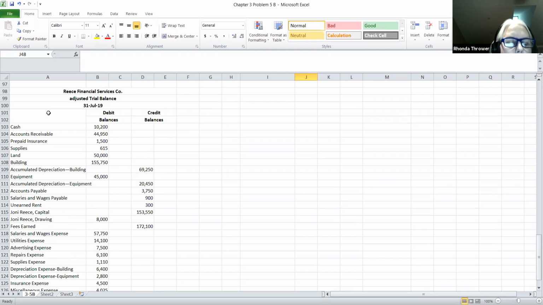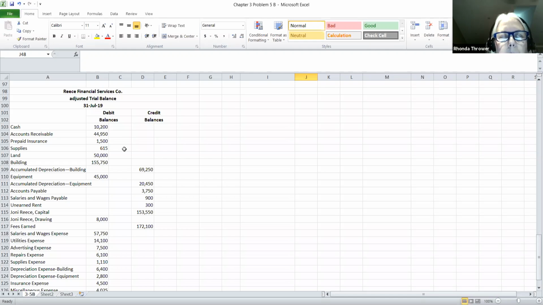So the second part of this problem asks you to prepare an adjusted trial balance. An adjusted trial balance is an example of all of our ledger accounts and their balances at the end of the accounting period. In this case, the end of the accounting period was July 31st.